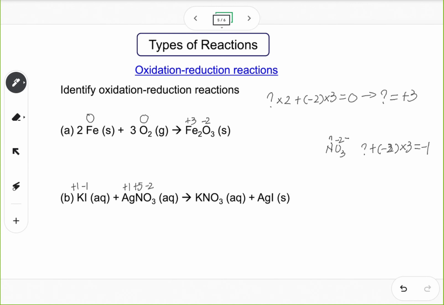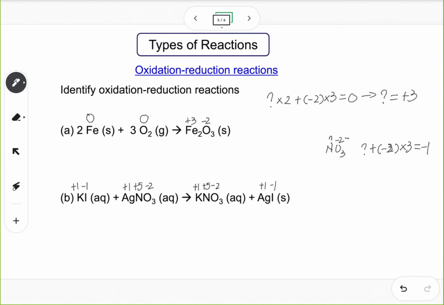Oxygen, each one -2. Potassium on the products, potassium nitrate, again, is +1. Nitrogen in NO3 is still +5. Oxide, -2. Silver in silver iodide is +1, iodide is -1.